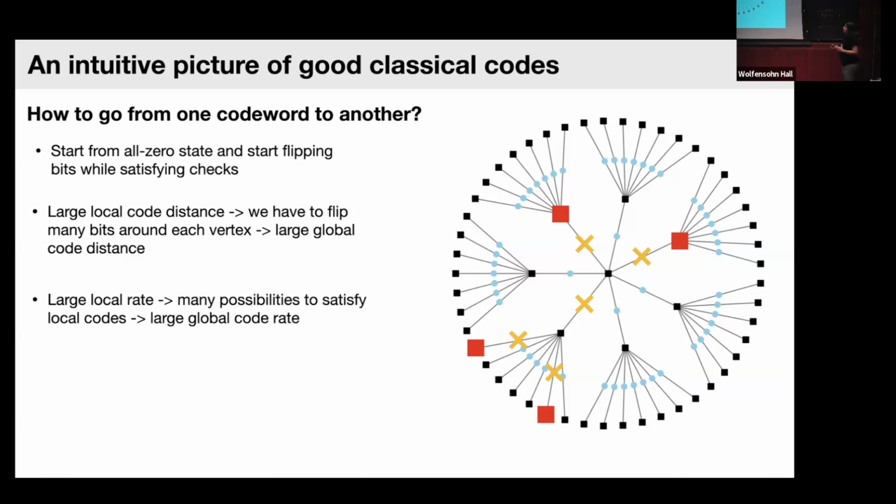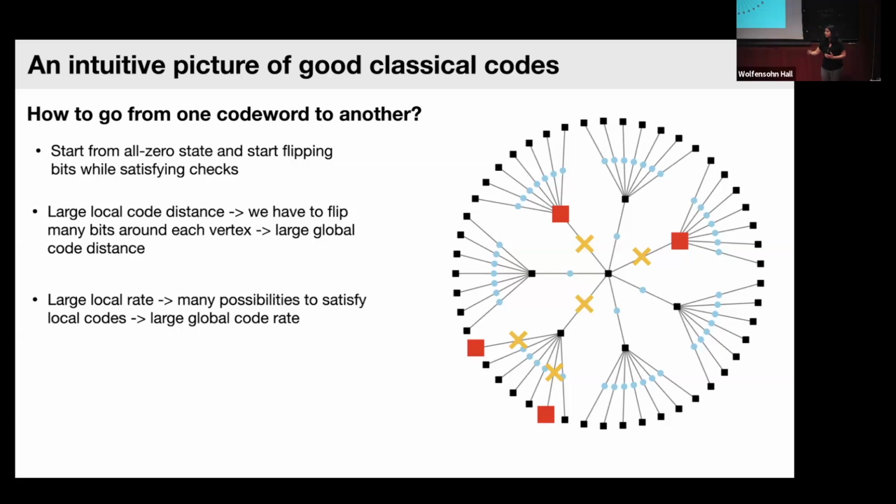But the second is that if your local code rate is large, that also means that you have many possibilities locally in how to make yourself happy. Suppose you just had an Ising model. I know the Ising model has distance d equals n, but it has only one code word. Why? Because if I flip one bit, I know that I have to flip all the other bits in order to go back to the code space.